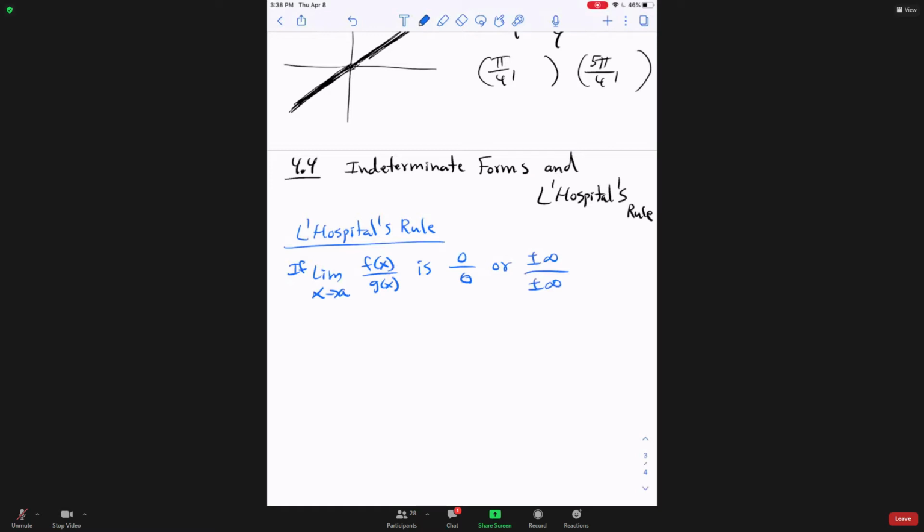When I say plus or minus, meaning it could be infinity over infinity, negative infinity over positive infinity, positive over negative infinity, any combination of infinity over infinity, or 0 over 0, then the limit as x approaches a of f of x over g of x is equal to the limit as x approaches a of the derivative of the top divided by the derivative of the bottom.